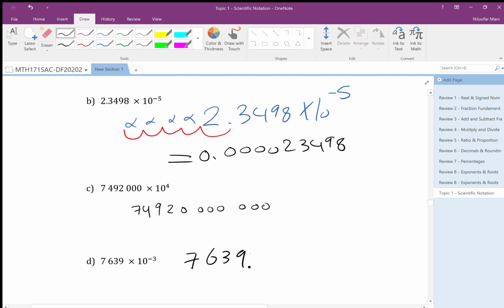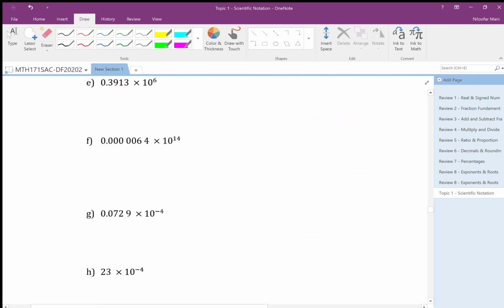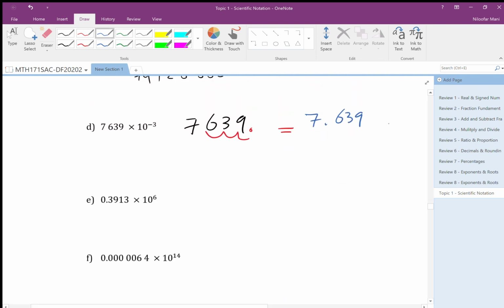Then because of negative, I go to the left. 1 2 3. So it is 7.639, right? Yes.